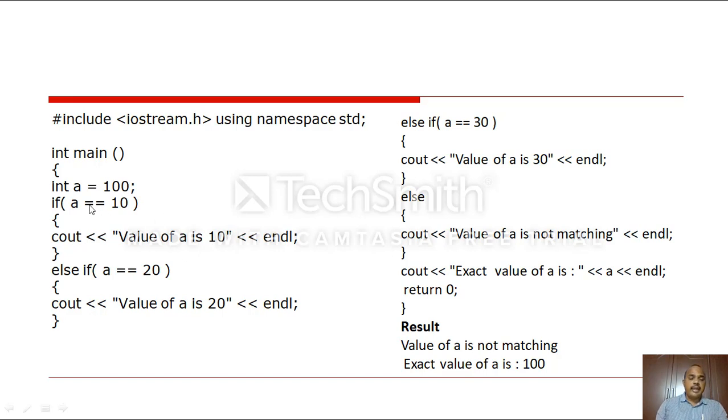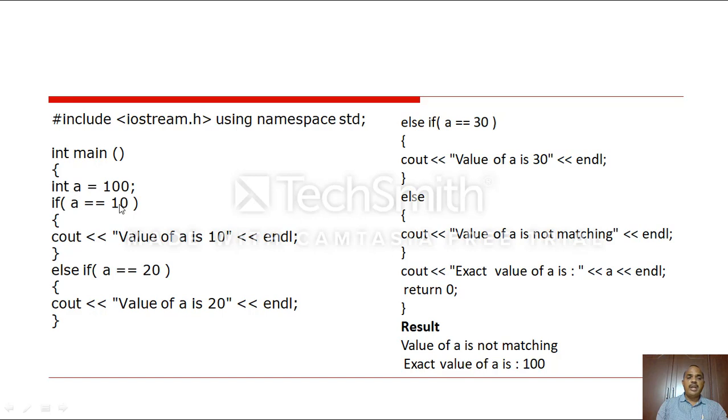If a equal to 10, it will not execute, because the value of a is 100. Clear? If a equal to 10, this statement would execute, but what is the value of a? Our assigned value is 100, assigned into a memory block.